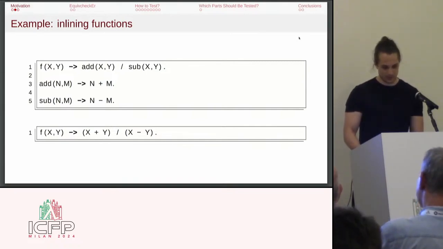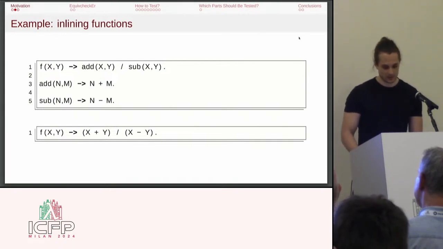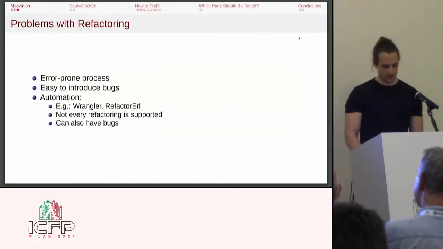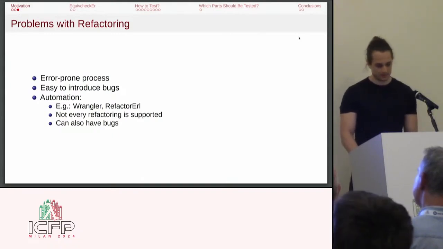And in this very simple example, it's easy to see that the refactoring itself was in fact correct. But in the case of some trickier or bigger refactoring, it's not always obvious to see that this is the case. And that's exactly the problem with refactorings.